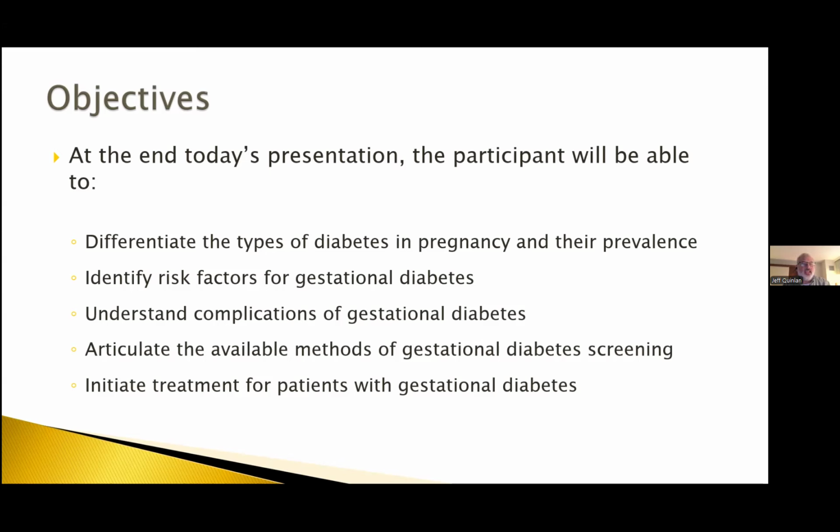Talk about, in particular, risk factors for gestational diabetes, understand the complications both to the pregnant patient and to the developing fetus from gestational diabetes, talk a little bit about how we screen for diabetes and what's recommended and what our options are. And then finally, we'll dive a little bit into the treatment of gestational diabetes and then finish with just maybe a minute or two on how to take care of patients who had gestational diabetes after they deliver.